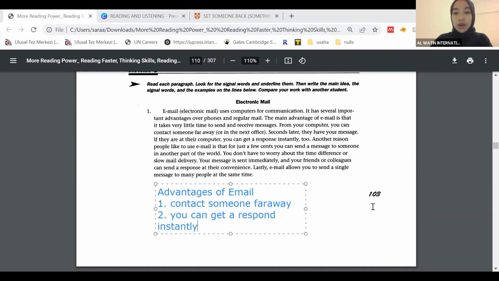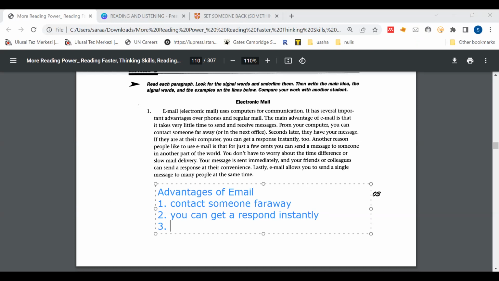Do you find the third one? Third list: you don't have to worry about the time difference or slow mail delivery. Okay, yes, another reason, like to use email to contact another part of the world. But I think contact someone far away is the same.